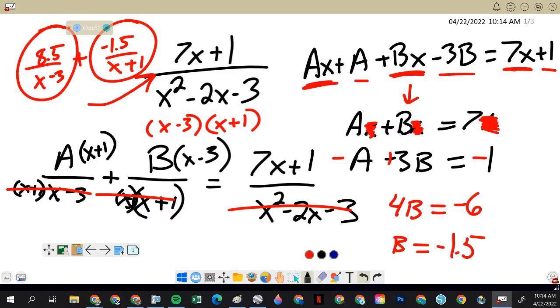So +6, so +1.5, and that means it's not 8.5, it's 4.5. Who knows? Maybe there's another mistake in there too. But what I've done, we spent weeks learning how to take rational expressions and crunch them together to create one expression. And now we're pulling those apart.